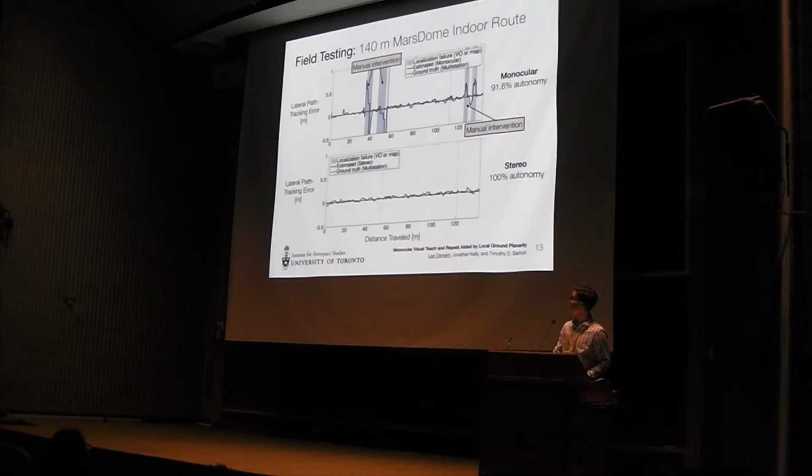And then we find that in the dome, the monocular pipeline didn't have as easy a time localizing as the stereo pipeline, but when it was working again, it performed with the same level of accuracy. So there are actually 3 cases in the indoor route that required manual intervention for a couple of meters, and again, I'll talk about why that happened in a sec.